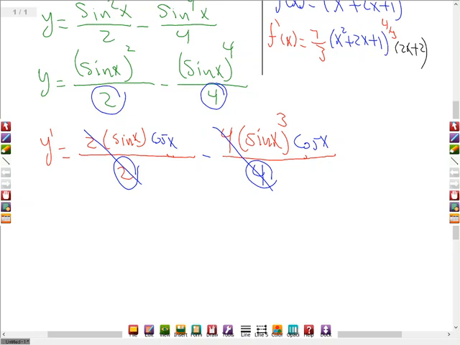I can take a GCF, greatest common factor, which is sine x cosine x. What's the meaning of taking the GCF? It means you have to divide this term by sine x cosine x, and the same thing for the other term. When you divide sine x cosine x by sine x cosine x, you get 1, and minus.